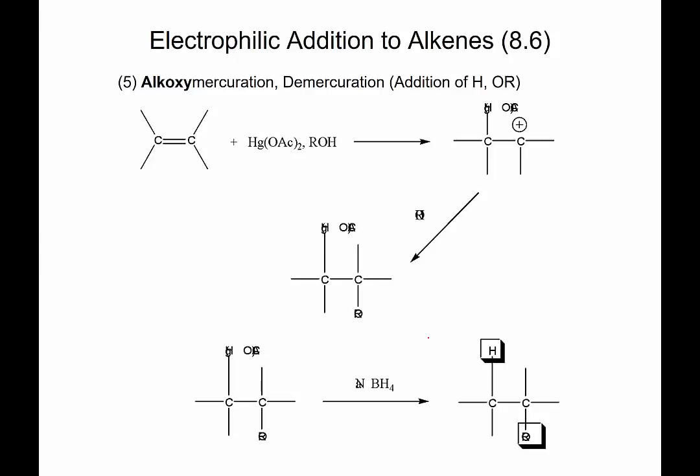We can do alkoxymercuration, demercuration, which means all I do is substitute an ROH for an HOH. Same mechanism, except in the end I'm going to end up with the OR group. So up here I would have my mercury and my acetate, and then in the end I'm going to end up with the H and the OR group adding trans, but still Markovnikov.